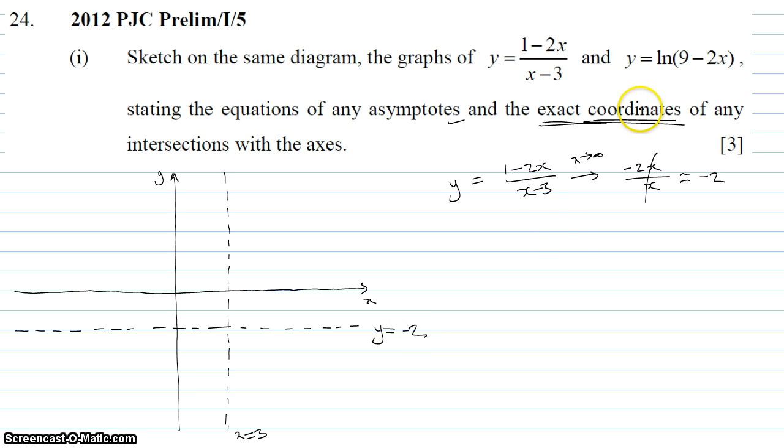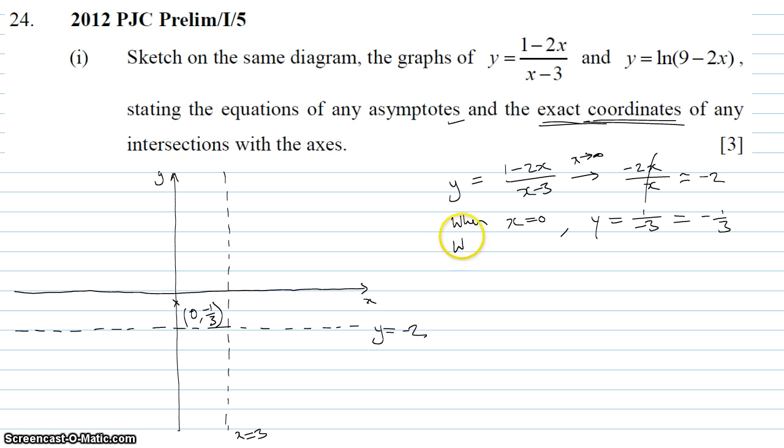What about our coordinates of intersection? Well, when x equals 0, y is equal to 1 over minus 3, so that's negative a third. That's going to be about here, so this is (0, negative 1/3).